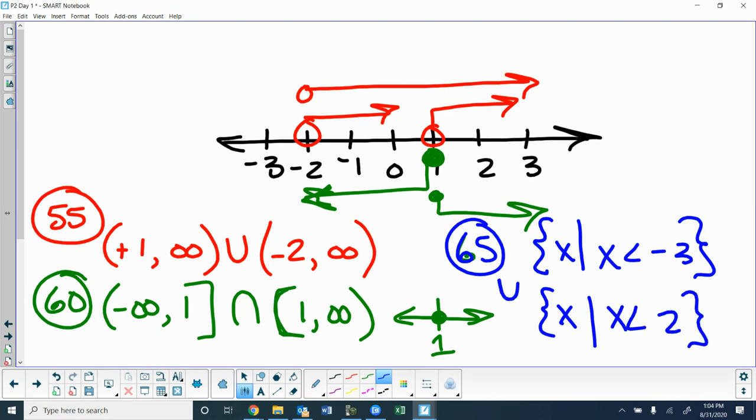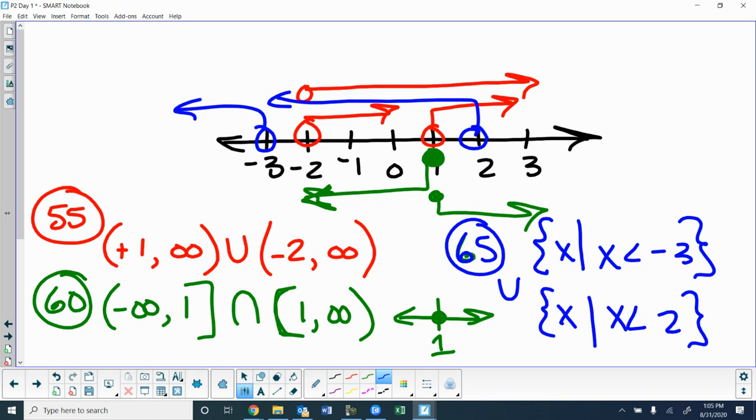And again, we're doing the union of those two, okay? So -3 would have been here, less than, do that, and 2 here, and less than that, and the union is putting together.